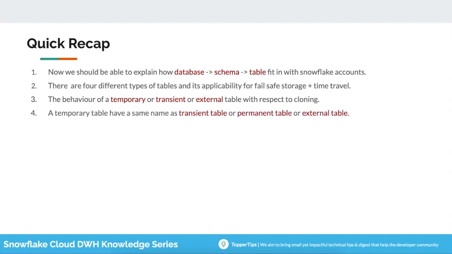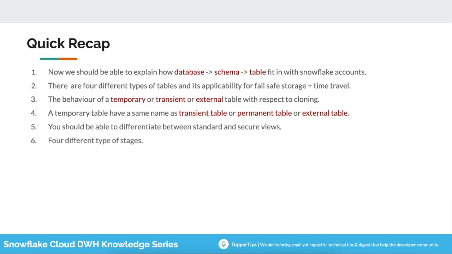A temporary table can have the same name as a transient, permanent, or external table; we have seen that. You should be able to differentiate between a standard and a secure view, and the four types of stages. The command to move files between tables and stages using the copy command is only possible through SnowSQL, another connector, or a programming language. It is not possible through the web UI.